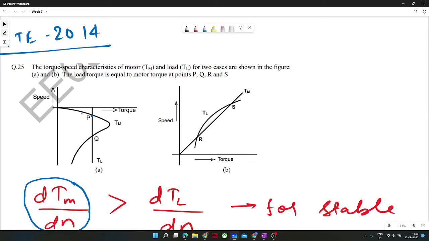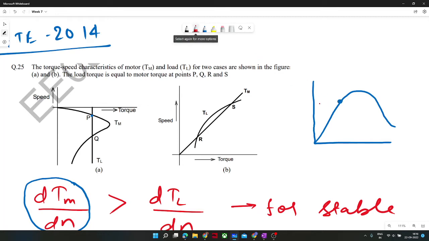When the speed is increasing, let's say it is in this manner. This is TL, this is speed, and the blue one is TM.